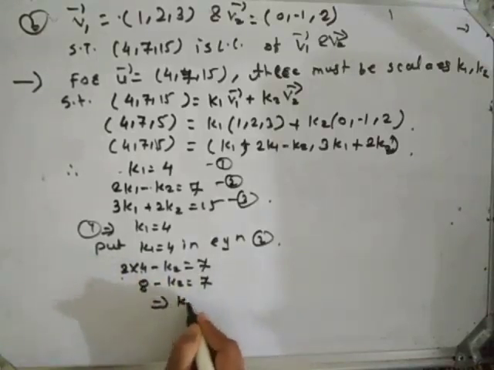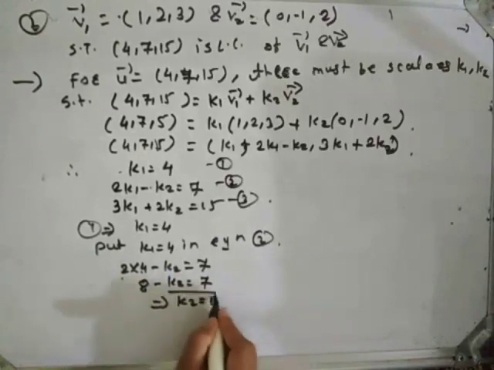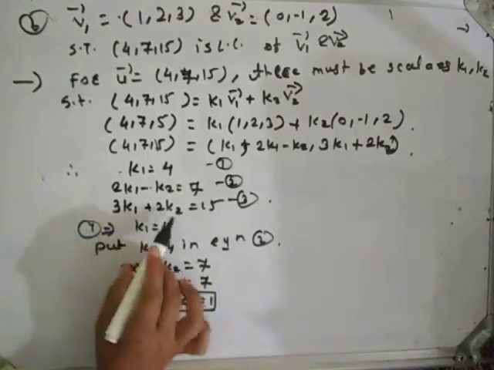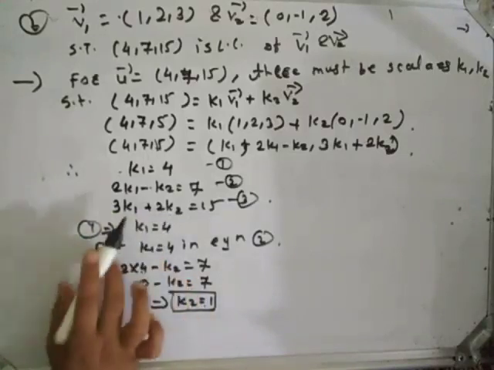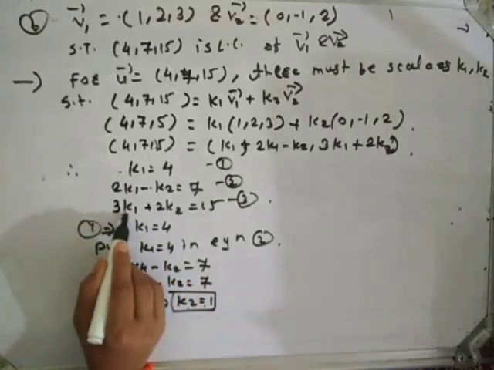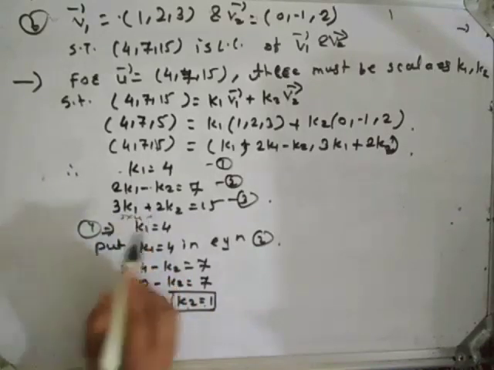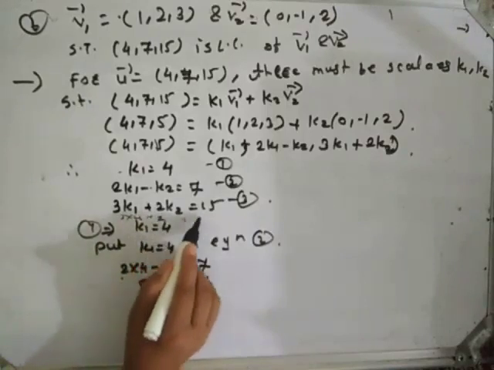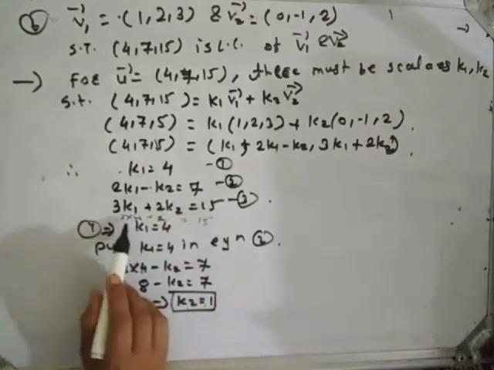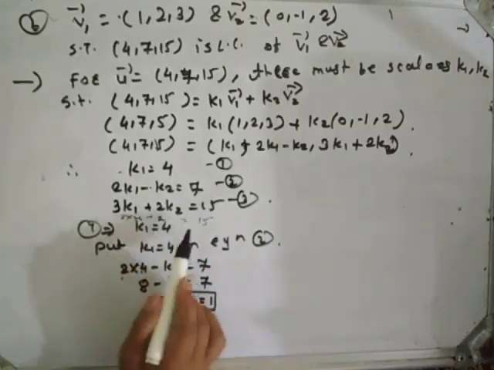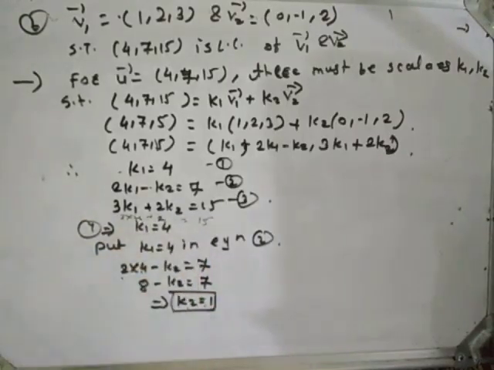That implies k2 is equal to 1. Okay. If we put k1 equal to 4 and k2 equal to 1 in the third equation, what will we get? 3 into 4 plus 2 into 1. This is 3 into 4 is 12 plus 2 is 14. But 14 does not equal 15.